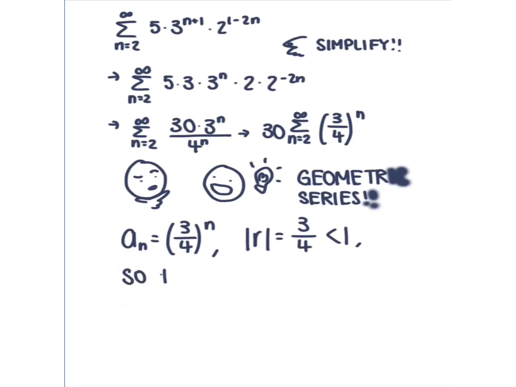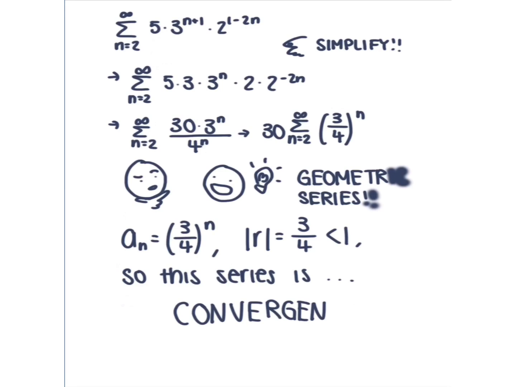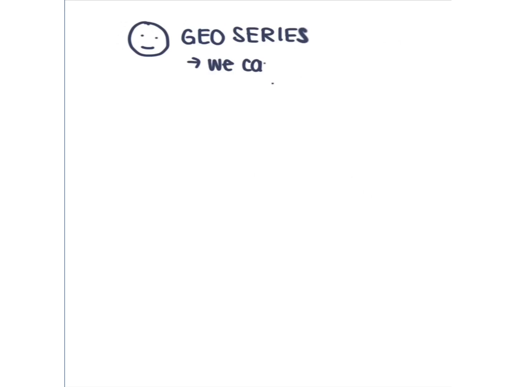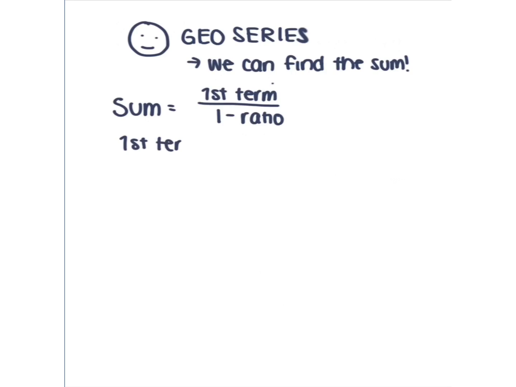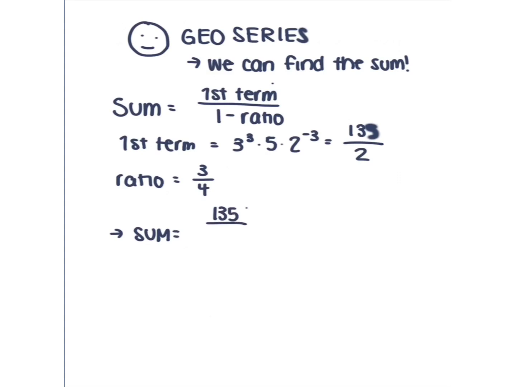The absolute value of r, which is 3/4, is less than 1, so the series converges. With geometric series, you can find the actual sum using the equation of the first term divided by 1 minus the ratio r. This gives us a final answer of 170, which is what this series converges to. Nice.